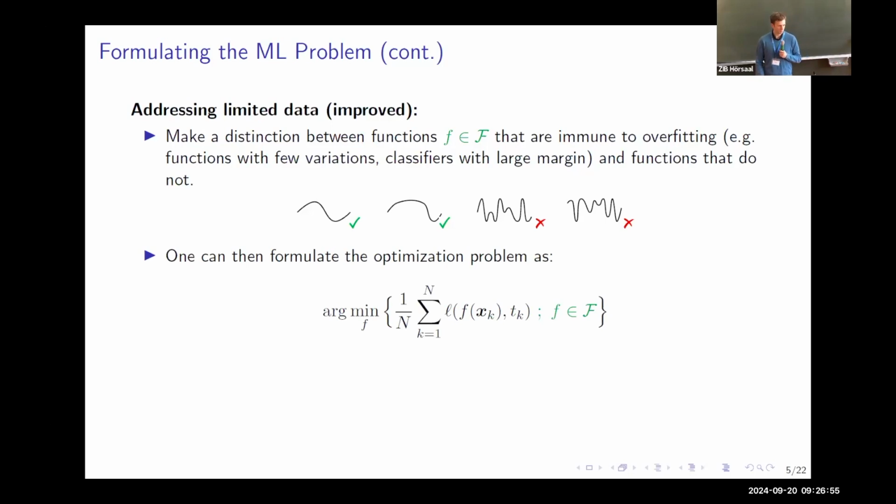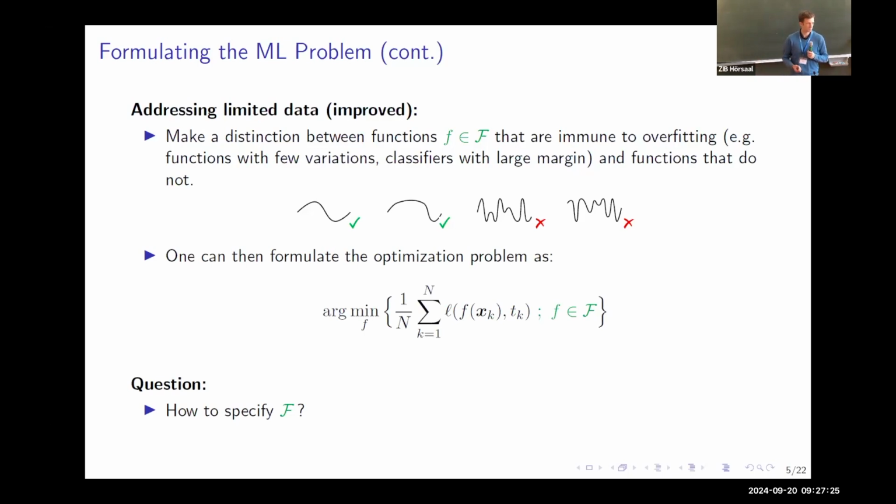Okay, and then you can basically just take the same equation as you had in the previous slide, but you are adding this additional but crucial constraint, which is that you have to minimize in the set of smooth or overfitting-proof functions. Okay, so now big question. We are basically moving away from the problem of optimization to the question of specifying F. Because these things, usually we can optimize them pretty easily.